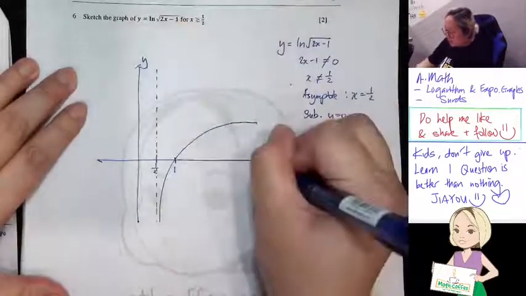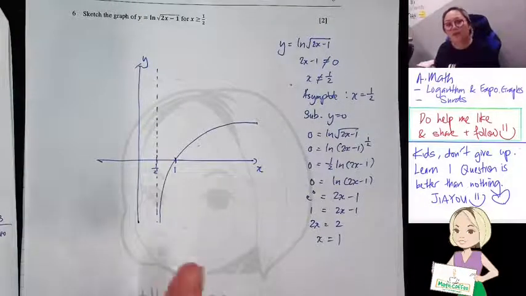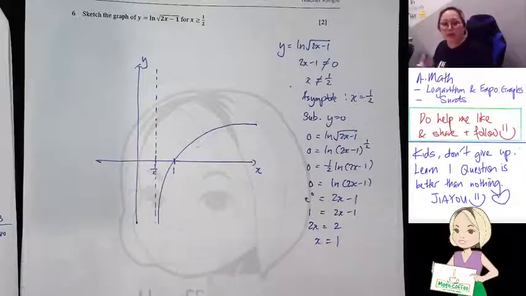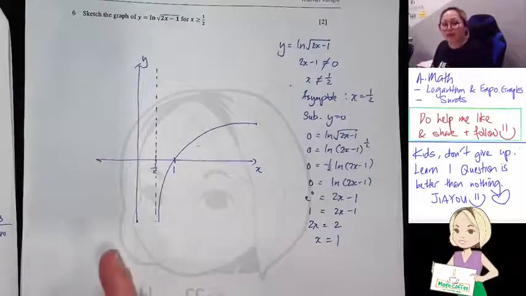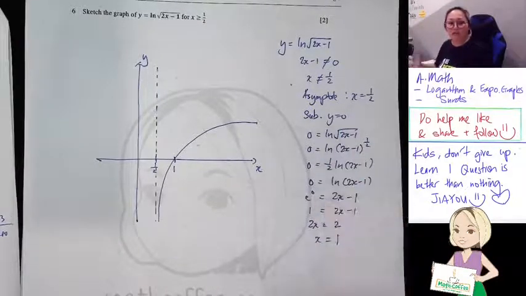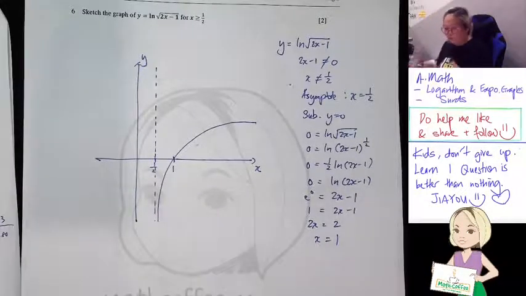So mark out y, mark out x. And that's it. You just need to show that there is an asymptote x equals half and that it cuts the x-axis at 1. To know that it cuts the x-axis at 1, just sub y equals 0 and solve for x. Okay? So we are done with drawing this graph.